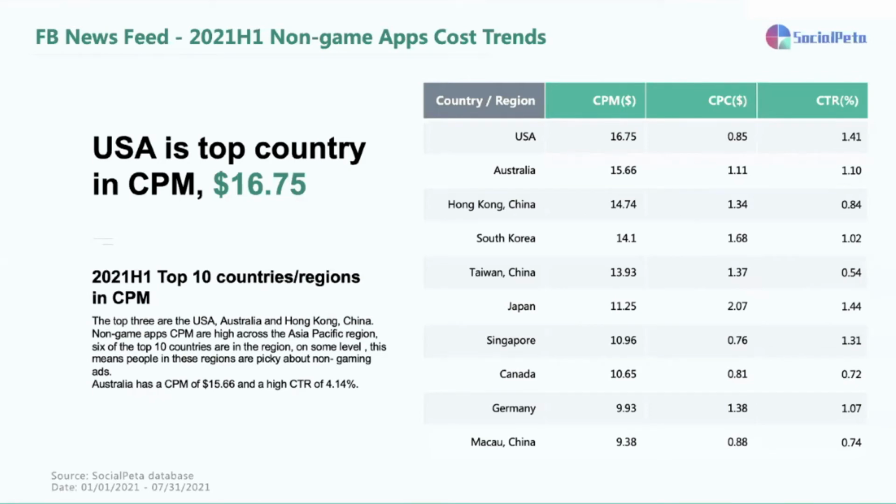We can see that in Australia it's $15.66, and in Hong Kong it's about $15. And we can also see that 6 of the 10 countries in this region are from Asia Pacific. And we think that on some level, this means people in this region are very picky about non-gaming ads.